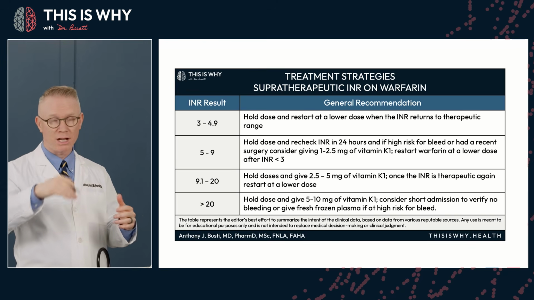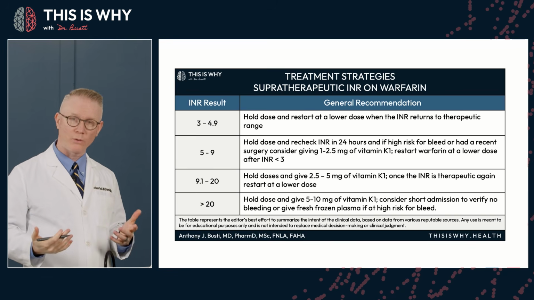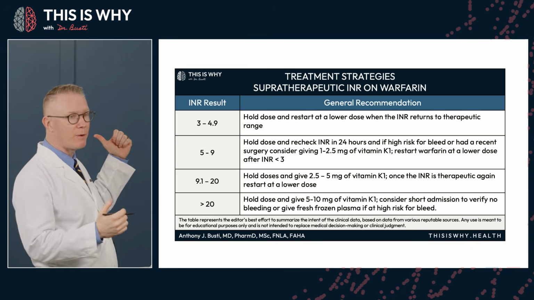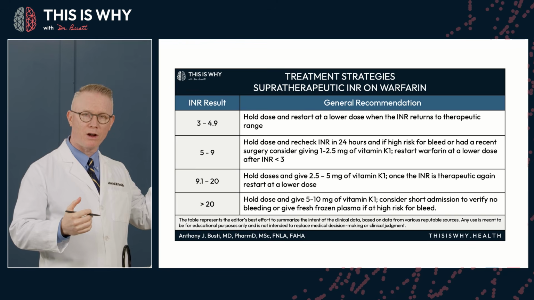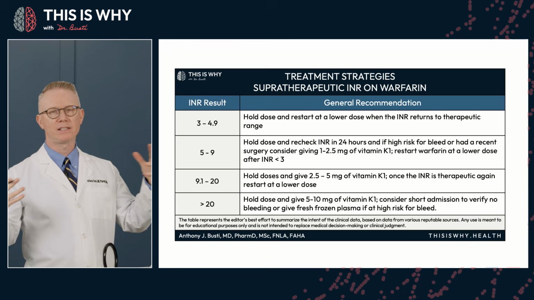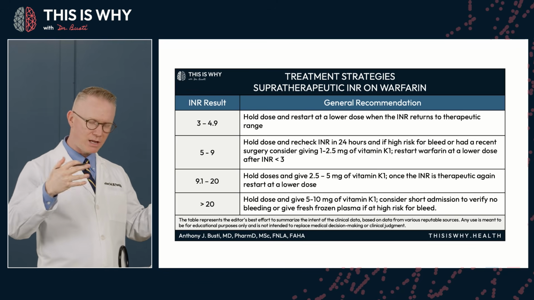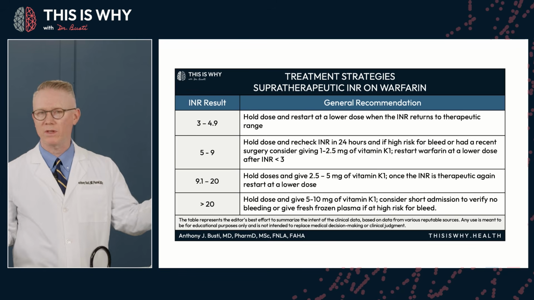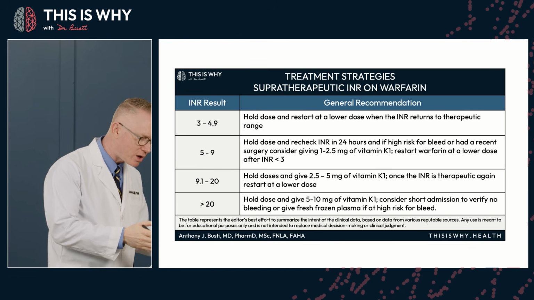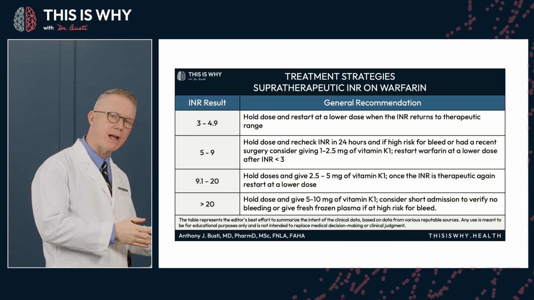And then I might increase the concentrations of vitamin K in the body so much that when I start back the warfarin, I now have to give them a bigger dose of warfarin than they were on before that was causing the supratherapeutic INR, just to override that high dose. So there again is this balance, and it's not clinician specific. It's just influenced by a number of things, and everybody's going to vary. But what you see here is an approach of holding a dose, bringing them back, and seeing if it corrects.